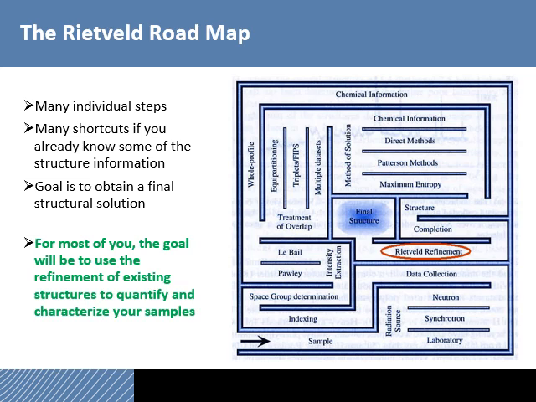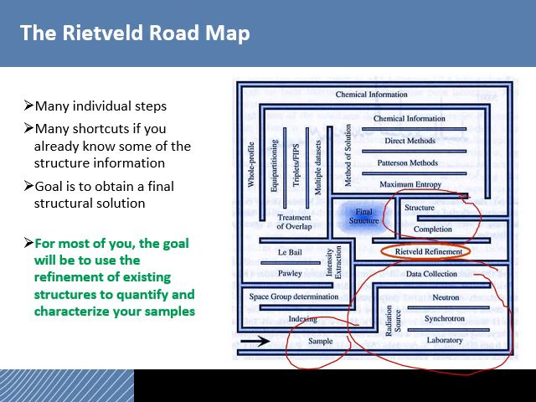And over here on the right-hand side is a fairly complicated maze that starts with the sample itself, then walks through obtaining a diffraction pattern, goes through a series of complicated steps to ultimately get to a structure.